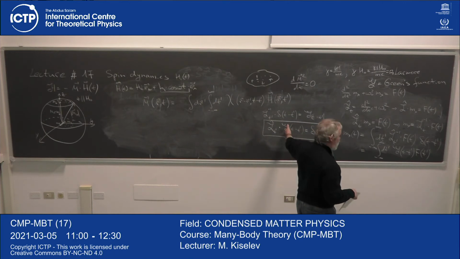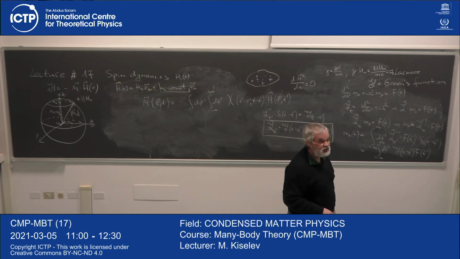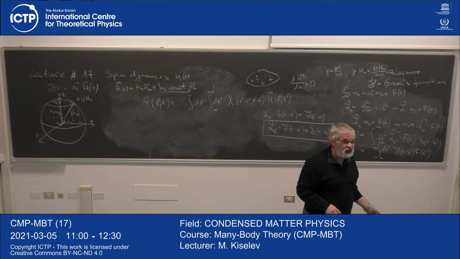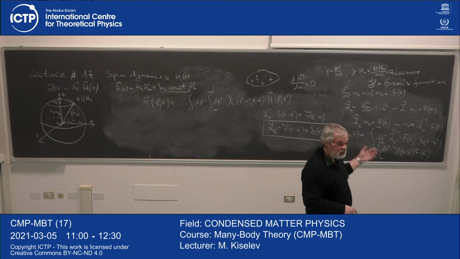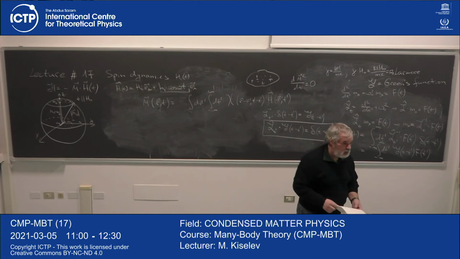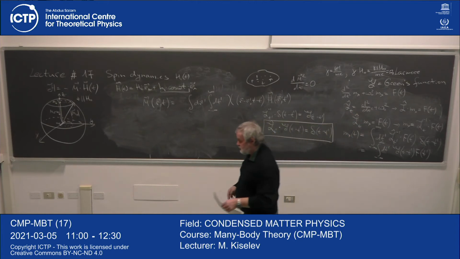Because we have a linear differential operator, after we apply Fourier transformation, we transform the differential equation into an algebraic equation. So we Fourier transform this equation, get an algebraic equation, solve it, and take the inverse Fourier transform and get the Green function as a function of time. This is how to construct the Green function for this particular problem of the harmonic oscillator.